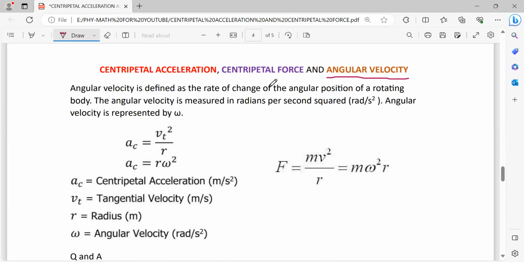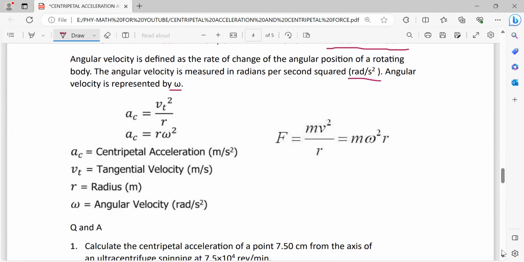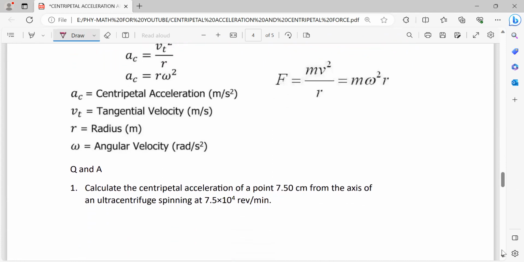So what is the angular velocity? Angular velocity is defined as the rate of change of the angular position of a rotating body. It is measured in radians per second squared. This is the unit. Angular velocity is represented by omega. And that formula I have explained.